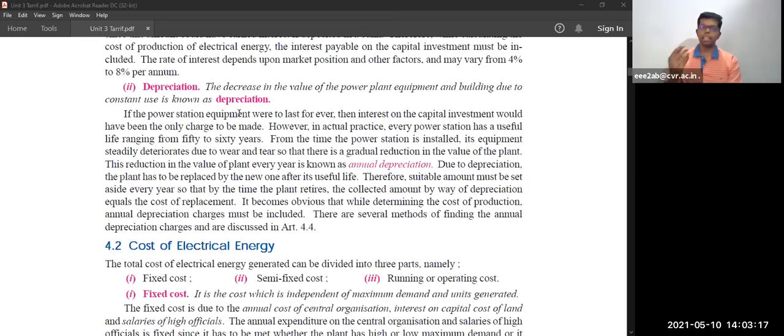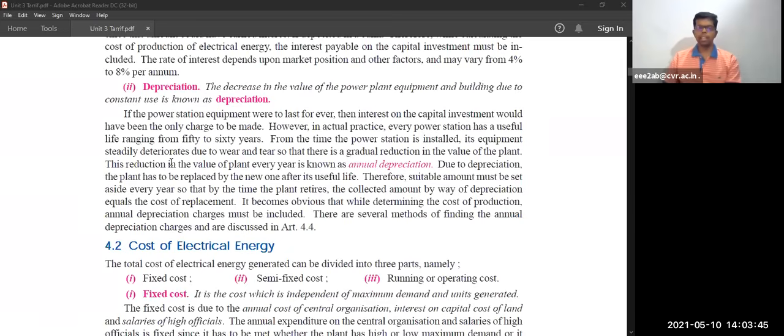They may be replacing parts, or going for maintenance work on that particular shaft daily, or once in 2 days. And also, in actual practice, every power station has a usual life ranging from 50 to 60 years from the time the power station is installed.